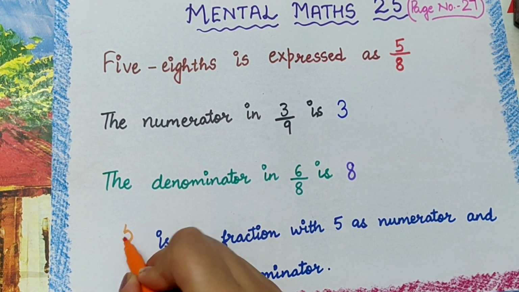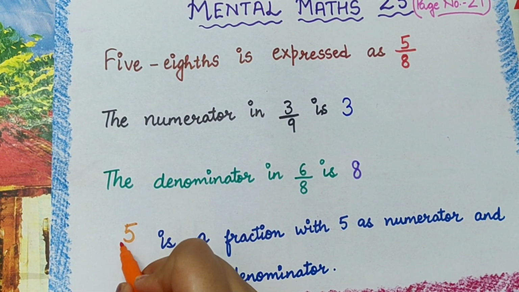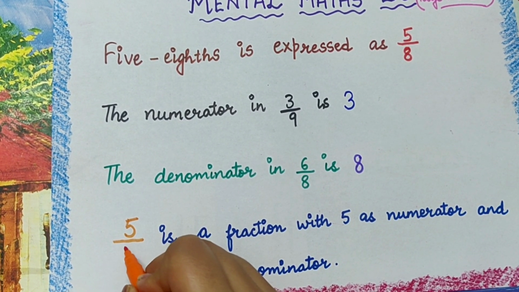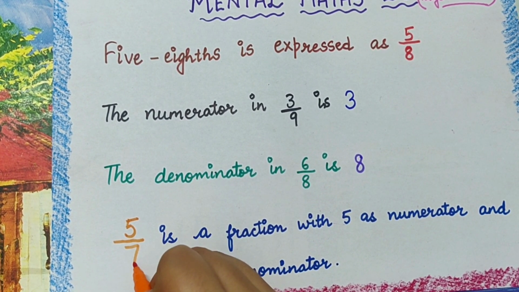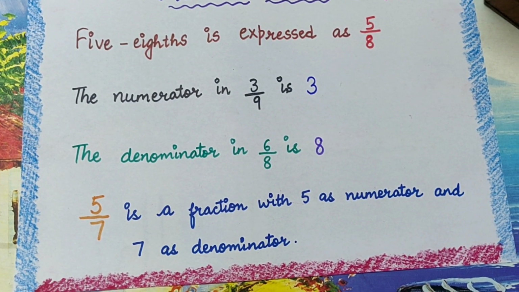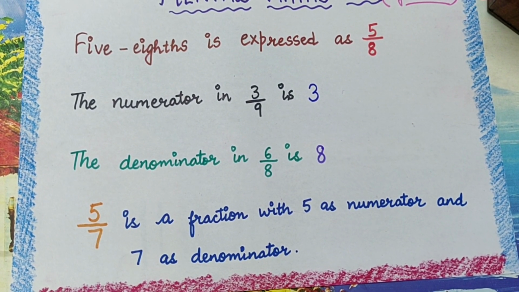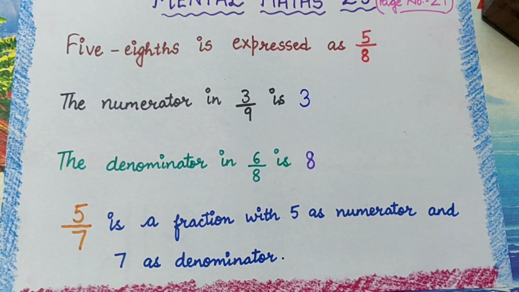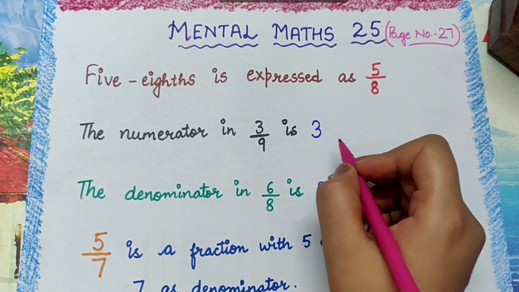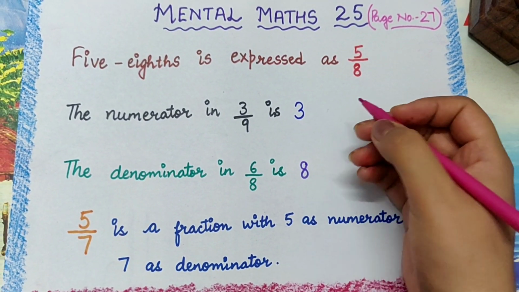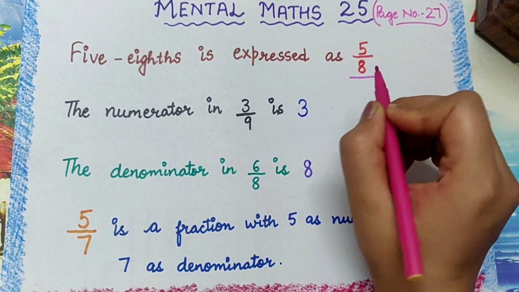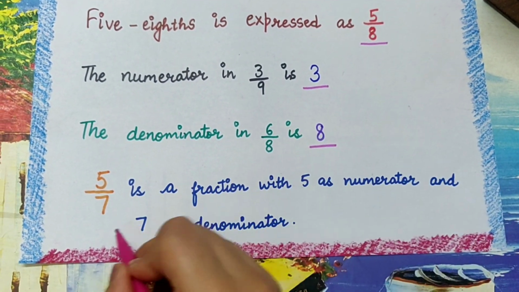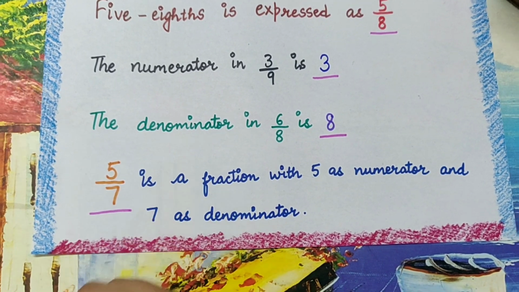We will write 5, then we'll put a line, then we will write 7. So this is the fraction with 5 as numerator and 7 as denominator. So these are the answers to the questions. 5/8, here 3, here 8, and in this 5/7.